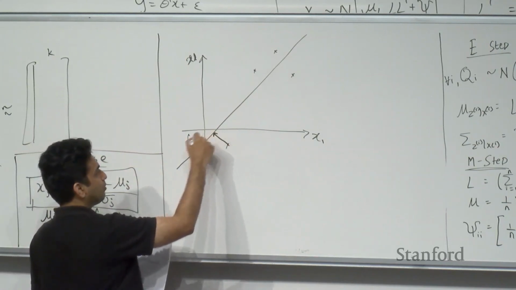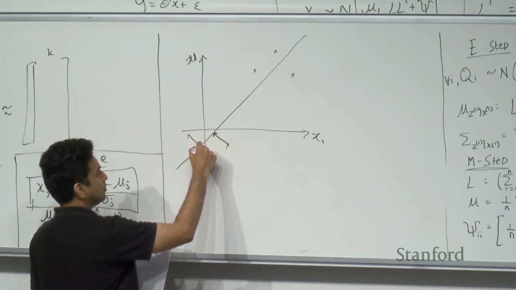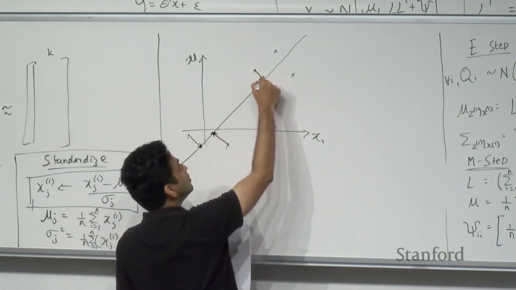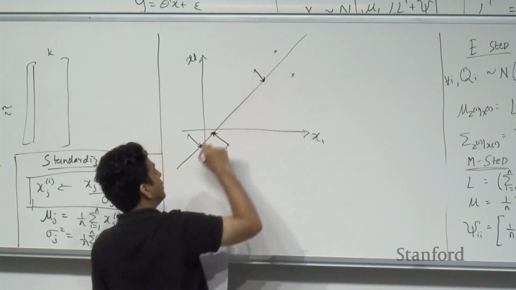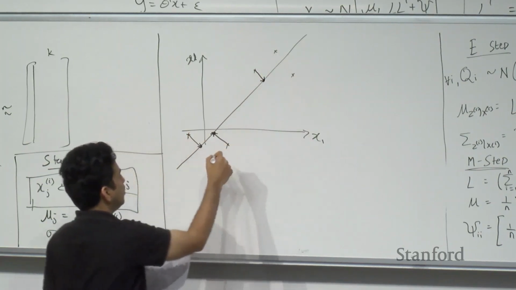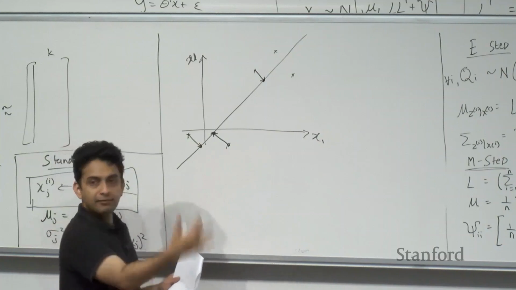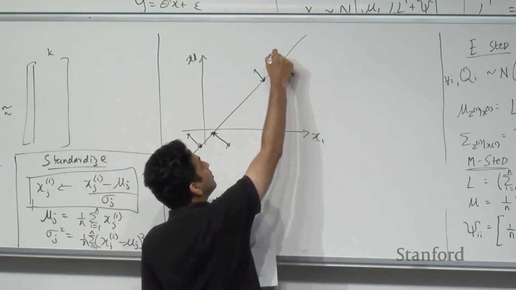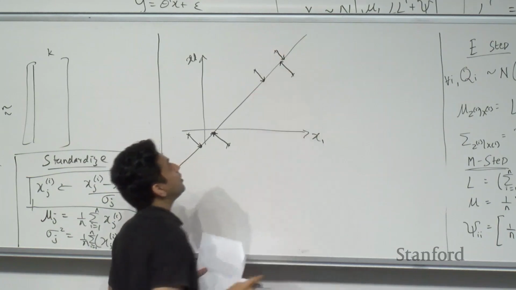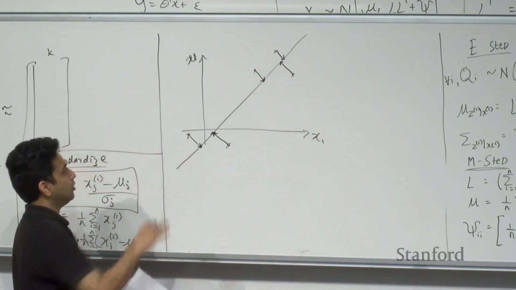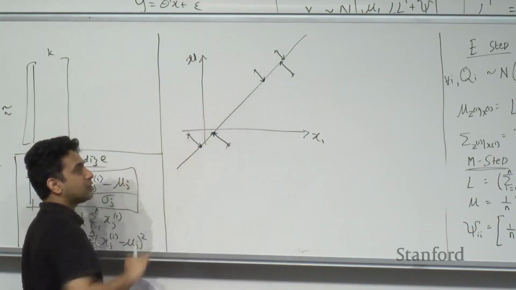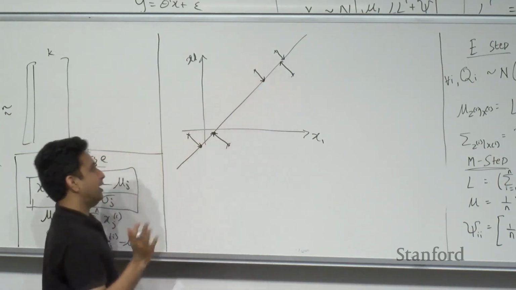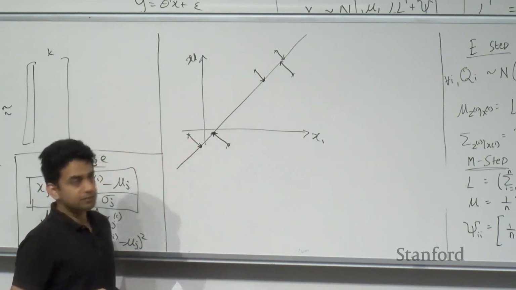So this is one possible projection. Each of the crosses is an x that lived in the high dimensional space. So this is one possible low dimensional subspace onto which we are projecting all the individual data elements.